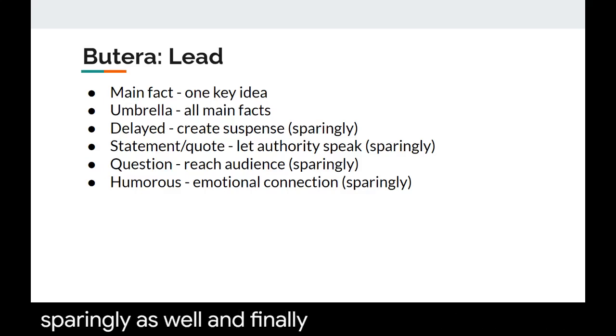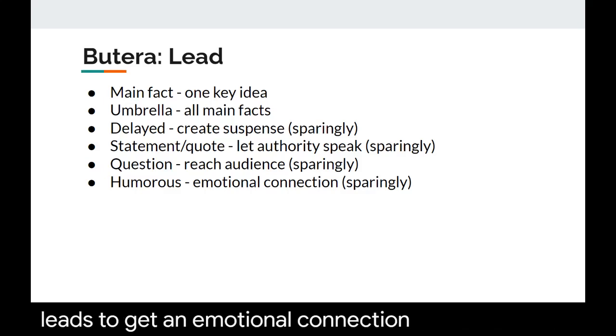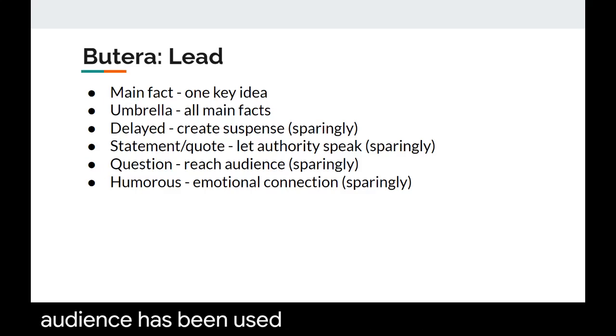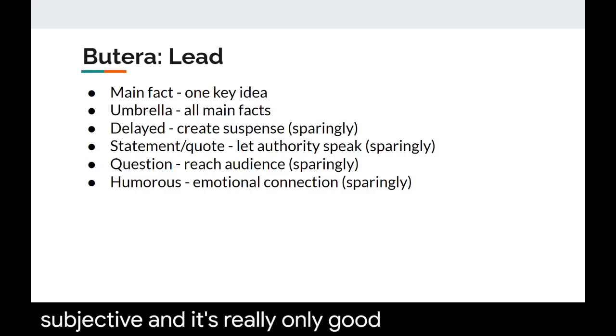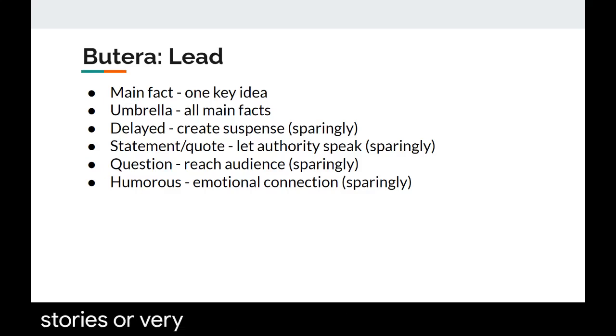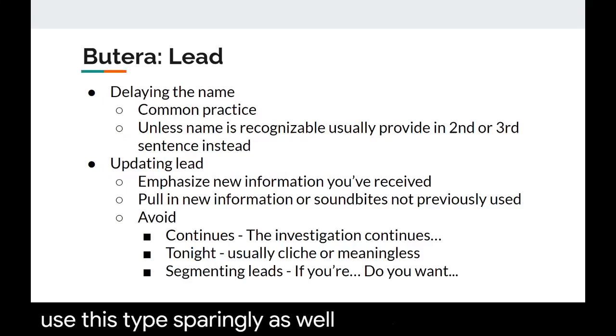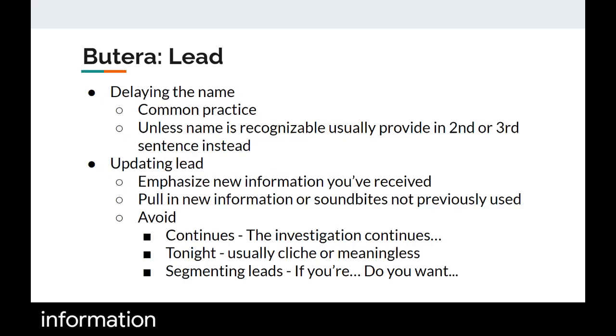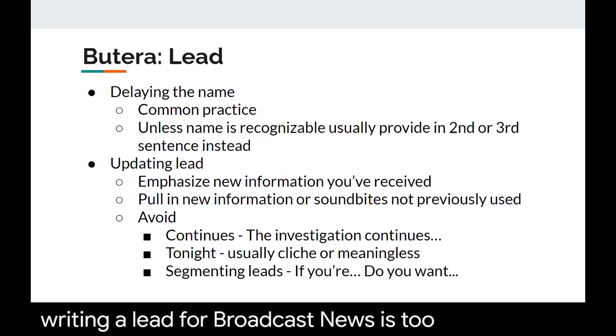And finally, using humorous leads to get an emotional connection to your audience has been used. But because humor is so subjective and it's really only good for soft news stories or very lighthearted stories, we want to use this type sparingly as well. So, other types of information that you need to know when you're writing a lead for broadcast news is to delay the name.